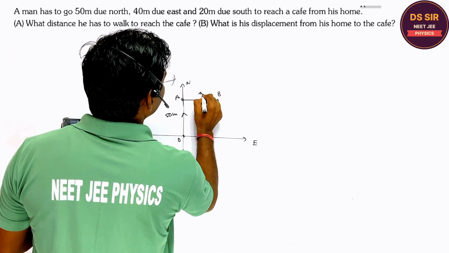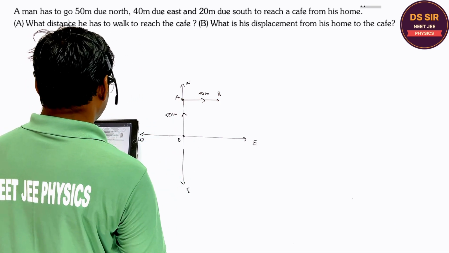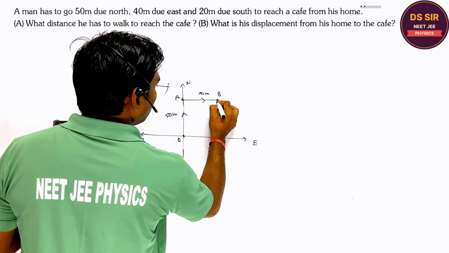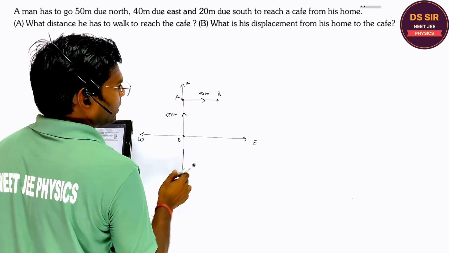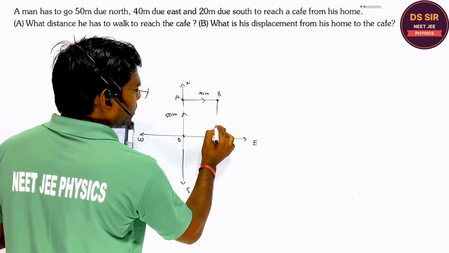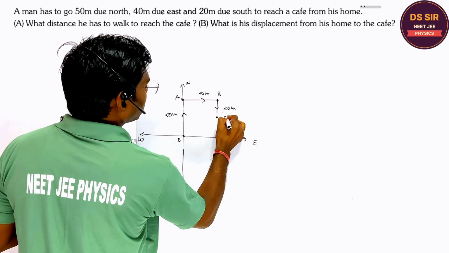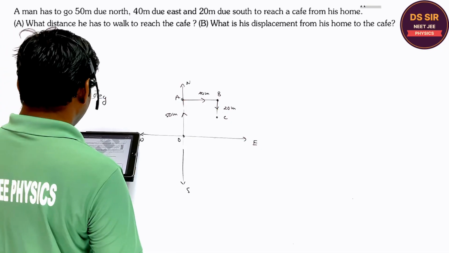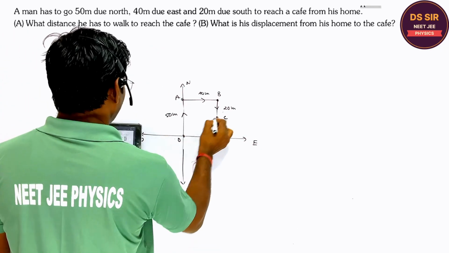Then 20 meter due south. Now, where will it go for 20 meter? Tell me. From here down, 20 meter, and reaches the point C.